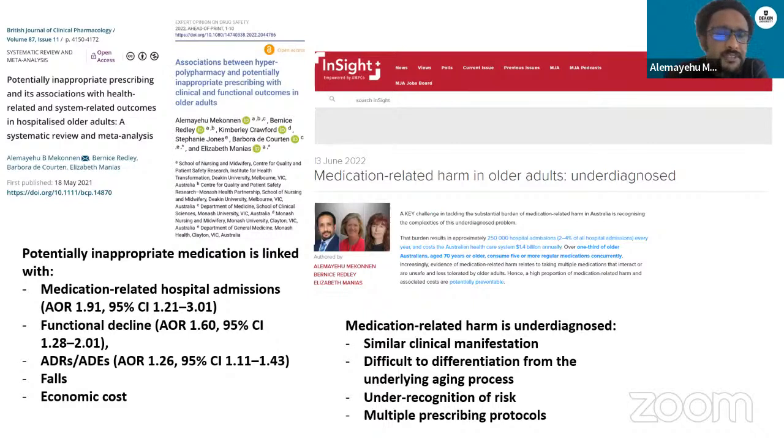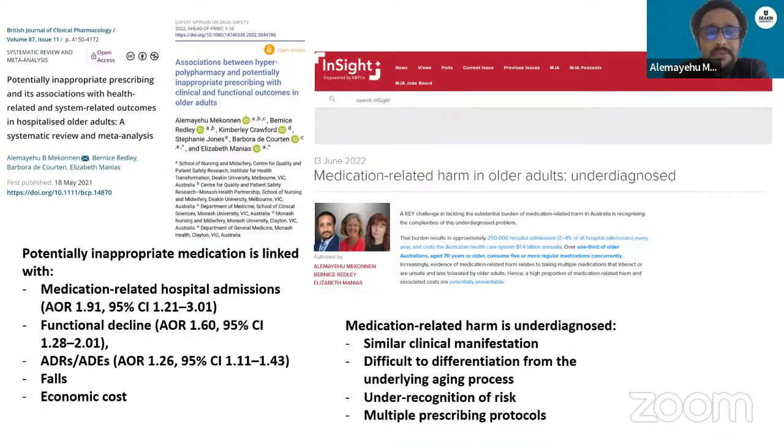There are also a number of studies I have been involved with on how medication-related harm, or specifically potentially inappropriate medication prescribing, is associated with clinical outcomes like hospital readmission, mortality, and functional decline.